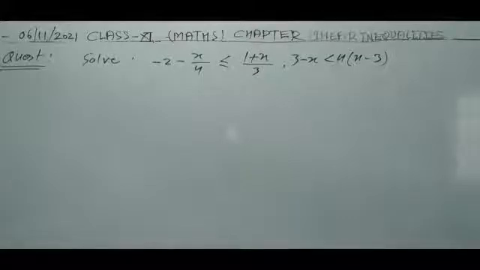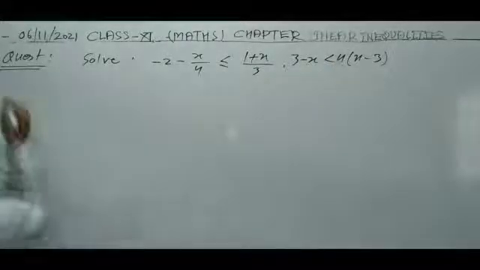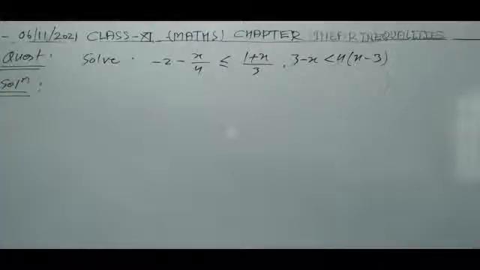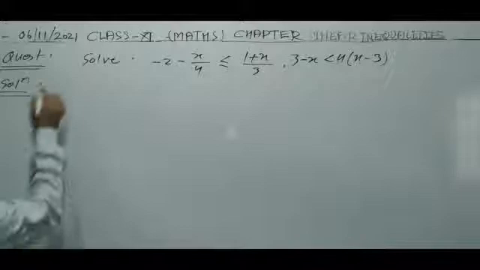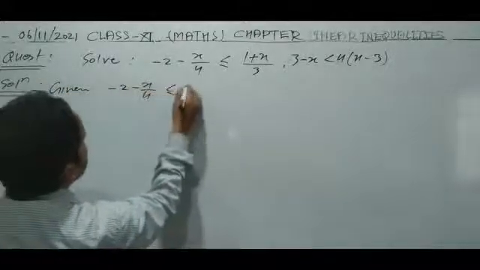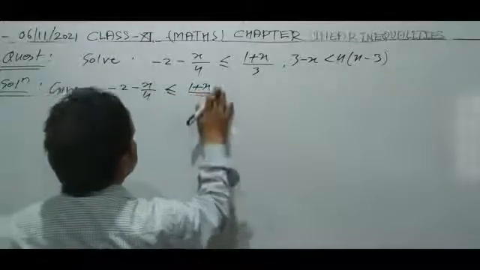So we have to solve these two inequalities. There are two inequalities given, so one by one we have to solve. So see, now the solution is, first of all, the given inequality is minus 2 minus x by 4 is less than or equal to 1 plus x by 3.